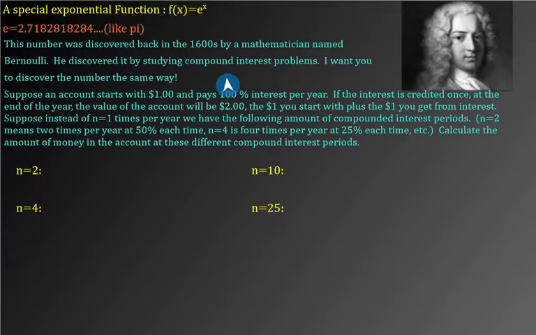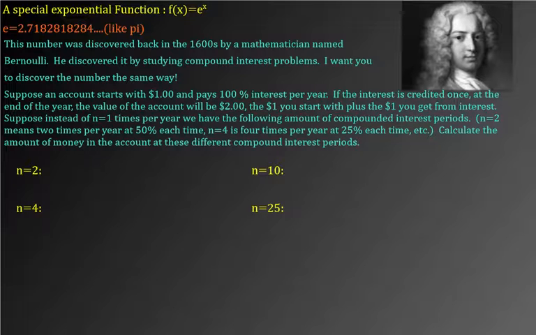You don't increase the total amount of the interest. You still have, like, for 2, 50% each time. For 4, 25% each time. So it always has to add up to 100%, but you're doing it more often throughout the year.